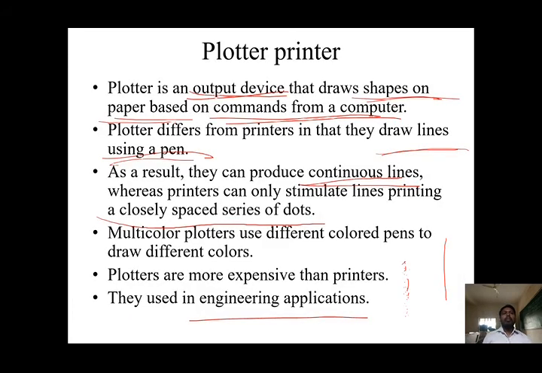The first one, plotter printer. We know that a plotter is an output device that draws shapes on paper based on commands from a computer. The plotter printer differs from other printers in that it draws lines using a pen. As a result, it can produce continuous lines, whereas other printers only simulate line printing with a closely spaced series of dots.